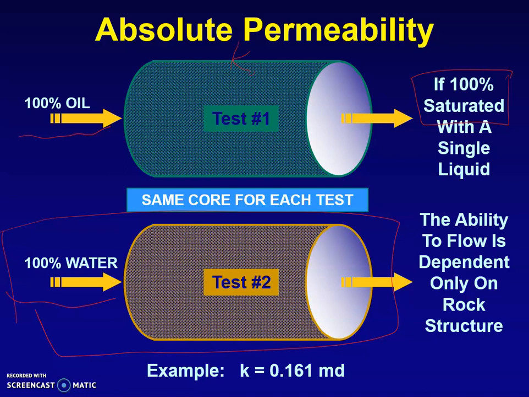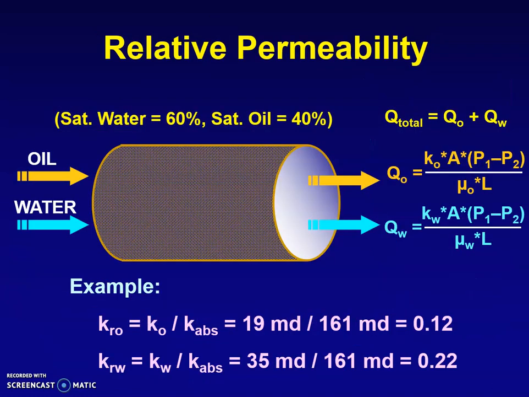Now let's say you're injecting two fluids together at the same time into the core sample. Then in that case, each fluid will take some space from the core, right, depending on how easily that fluid will transmit through the rock, and also how much oil or how much water you are injecting through that core sample.